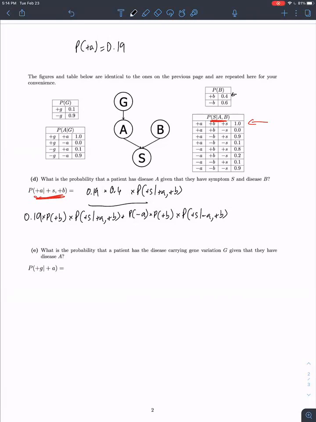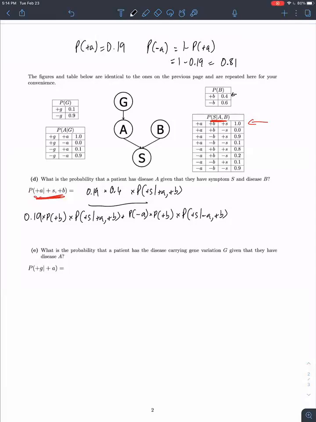And the probability that you're negative for A. Well, it's 1 minus the probability that you're positive for A, because either you're positive or you're negative. So that's 1 minus 0.19. 0.19 is 0.01 under 0.2, so this is just going to be a little bit bigger than 0.8. It's going to be 0.81.